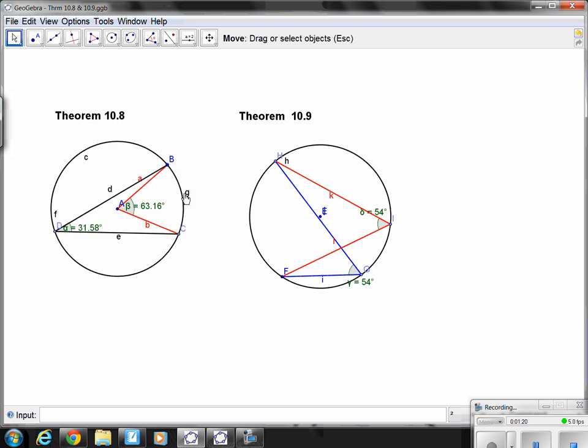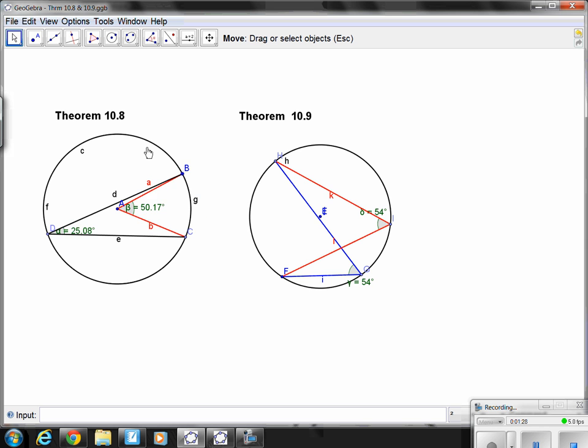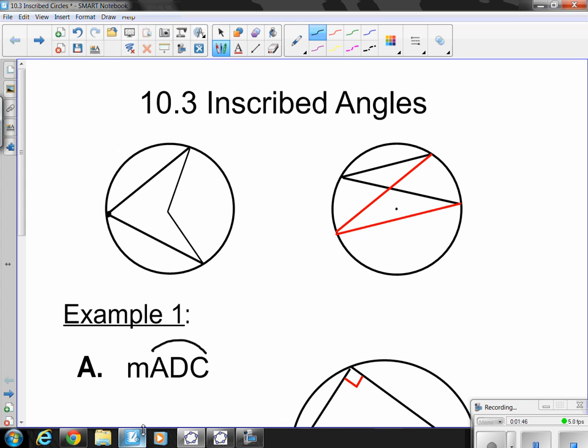If I make it real small over here, about 22, this is about 11. And you can make it a really big angle, 170, and notice half of 170 is about 85, 86. So that is the relationship going on in the problem.